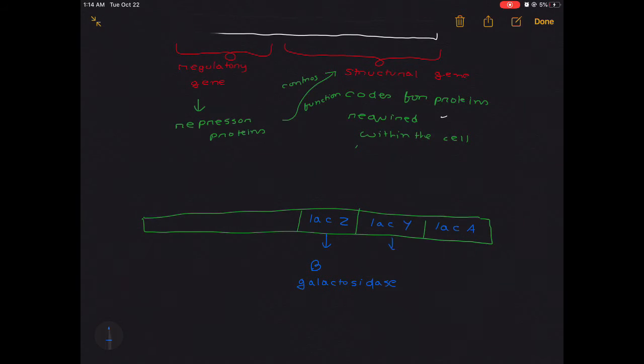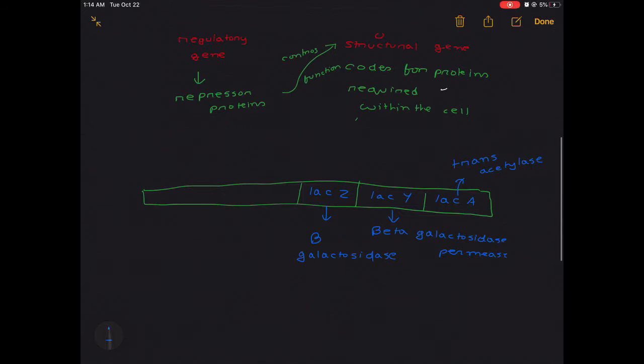This Lac Y will code for beta galactosidase permease. And this last part will code for the enzyme trans-acetylase. These three will together form our structural gene.